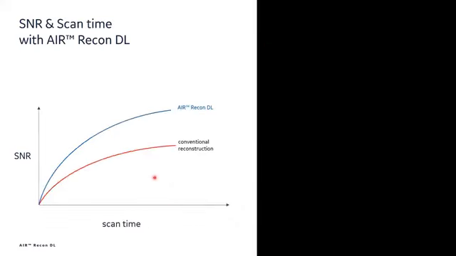I won't belabor the whole message here, but now if we looked at SNR as a function of scan time, you recall this familiar square root curve for conventional reconstruction, and of course AIR Recon DL is simply something like a multiplication of the conventional reconstruction.